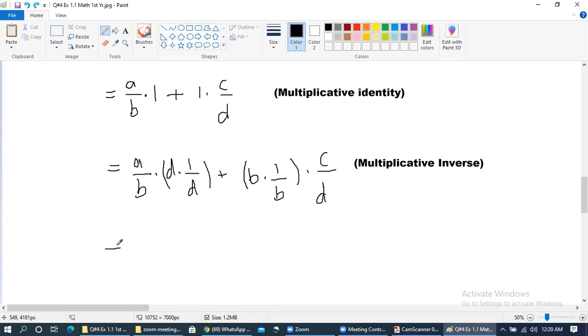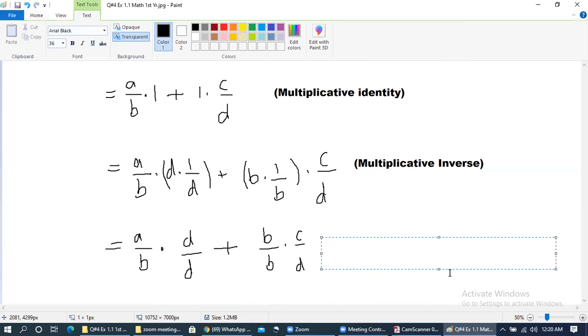So you will be writing it as A by B multiplied to D into 1 is equal to D whole divided by B, plus B into 1 by B can be written as B by B into C by B. In this step we have again used the concept of multiplicative identity.